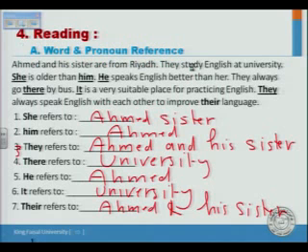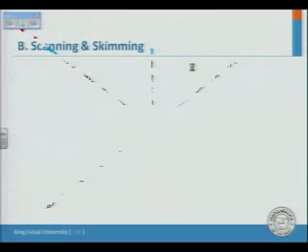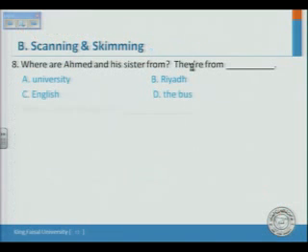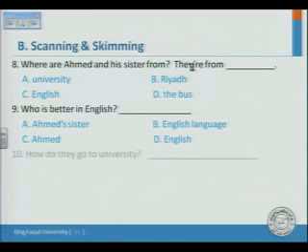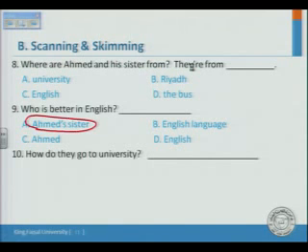You see in the second line, he speaks English better than her. So here, Ahmed's sister speaks better than Ahmed in English.